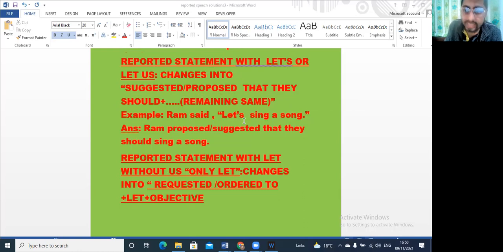Only let is used there. So when there is only the use of let, what shall we do in that case? Let me clarify that. Only let changes into requested or ordered to plus let plus objective form.